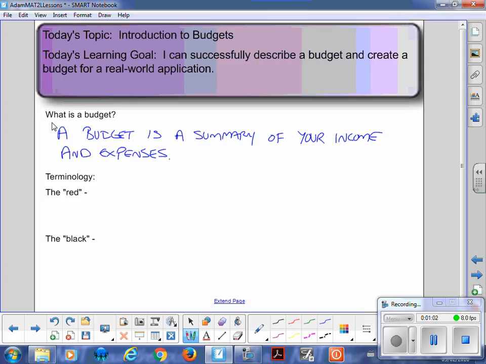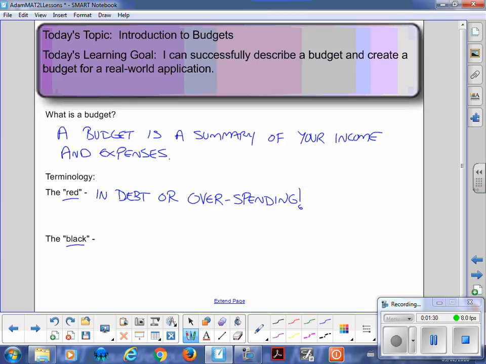There's two terms or things for terminology that you'll hear accountants and some business people use. The red and the black. The red is not a good thing. The red means in debt, or in terms of a budget, you are overspending. Okay, you're spending way too much money.